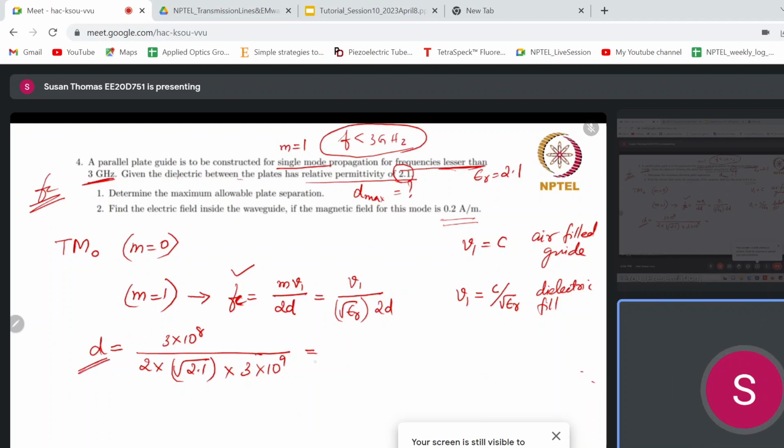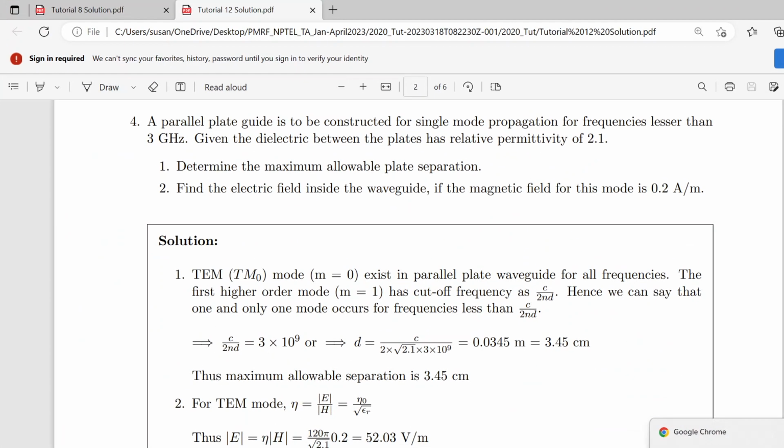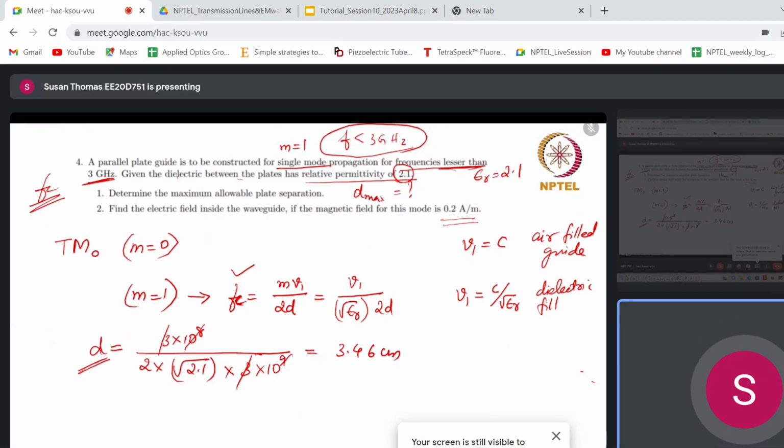If you calculate this, 3 and 3 get cancelled, and 10, so 1 by 2 into root of 2.1 into 10, and 1 by 28.9 gives us almost 3.46 centimeters. That is your maximum allowable plate separation.